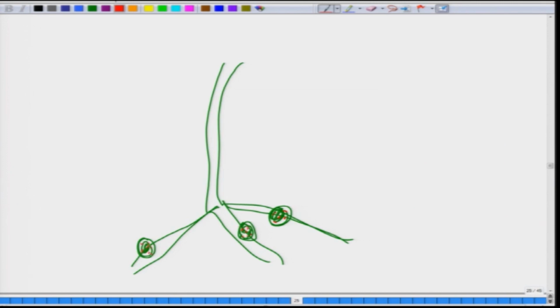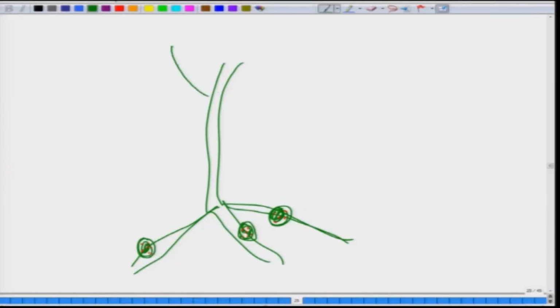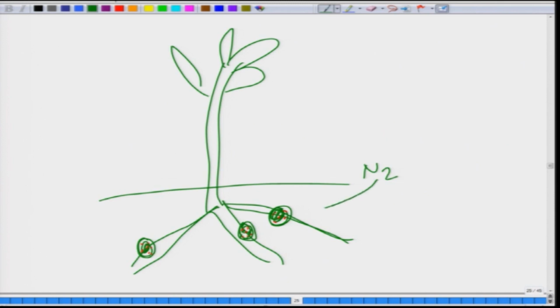Now, because this bacteria has this nitrogenase enzyme, it is fixing the atmospheric nitrogen. So, the plant by itself was not able to use the atmospheric nitrogen, but now because this nitrogen is being fixed by these rhizobium bacteria, it is now being made available to the plants. So, these bacteria are now helping the plants to get their food, to get nutrition.